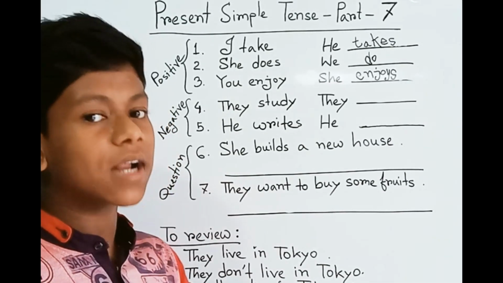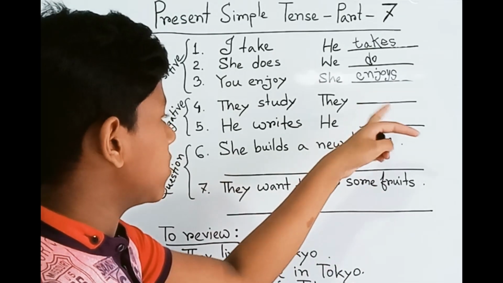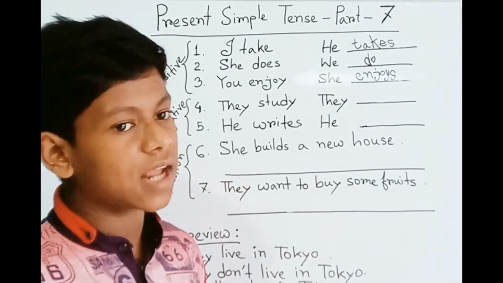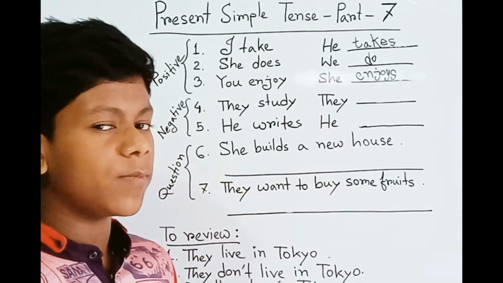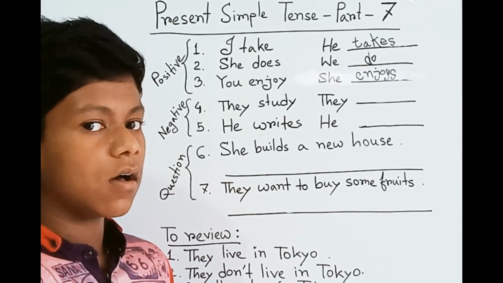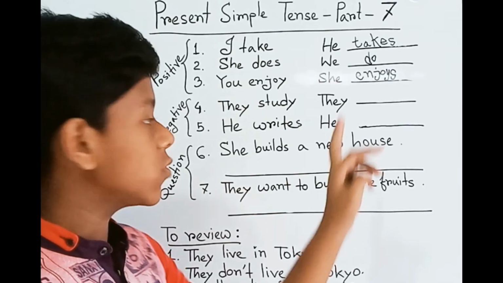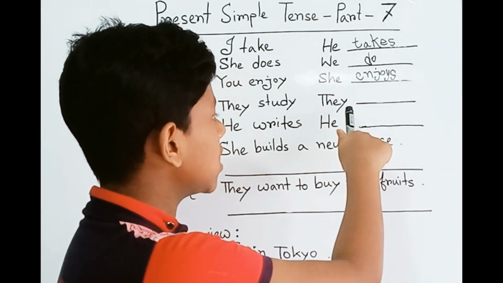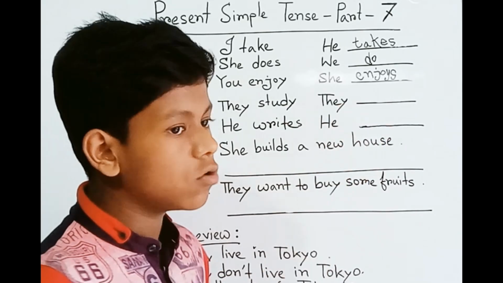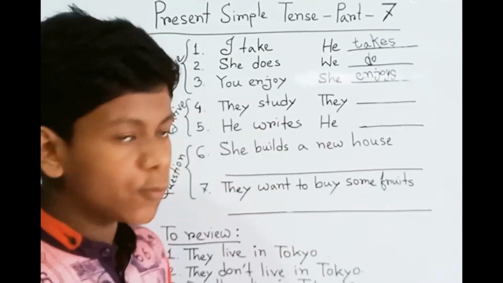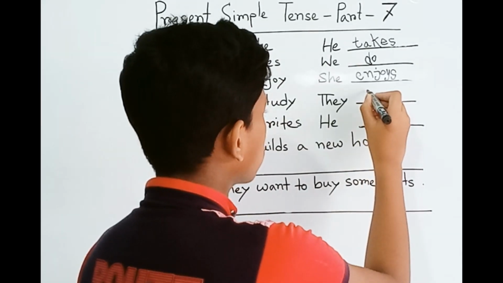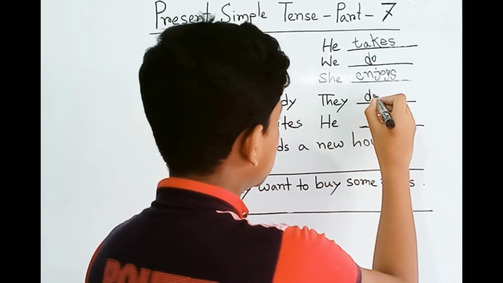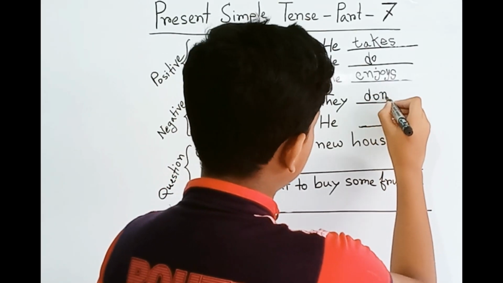Yes, you are correct. We should put here "they don't study", because "don't" is a helping verb. It is put after the word "they". We have to check the subject. "Don't", because "they" is third person plural, so we have to add the contraction in negative. They don't.